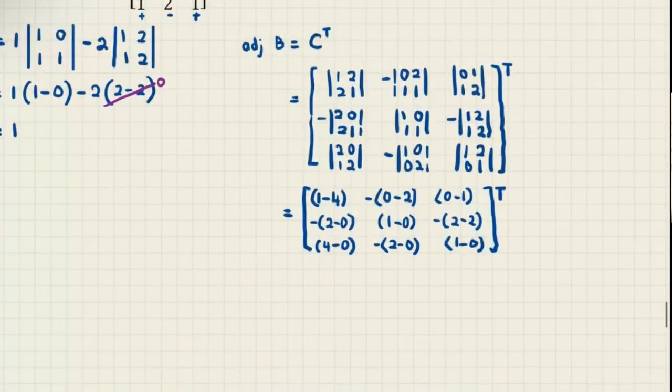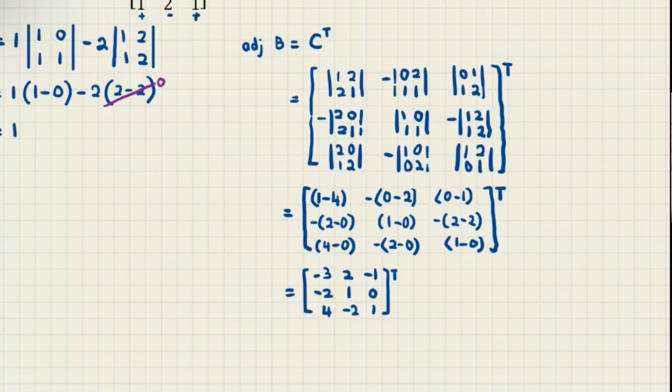Okay, now the result here will be 1 tolak 4, negatif 3. Negatif times by negatif 2 dapat 2, negatif 1. Negatif 2, 1, kosong. 4, negatif 2, 1.